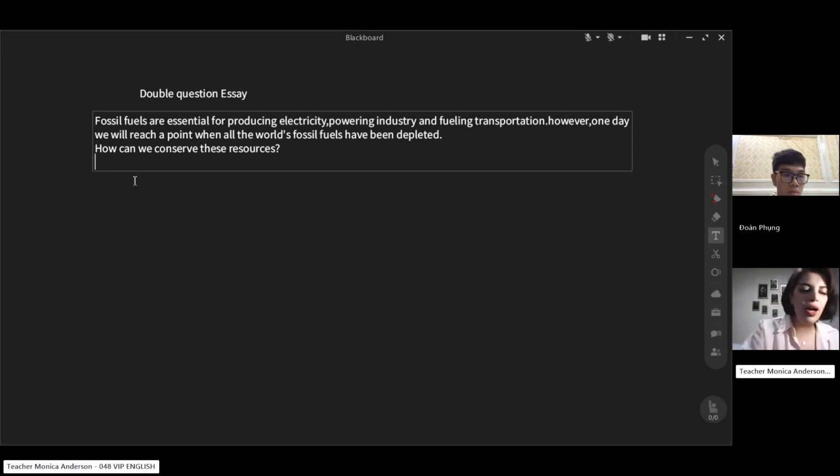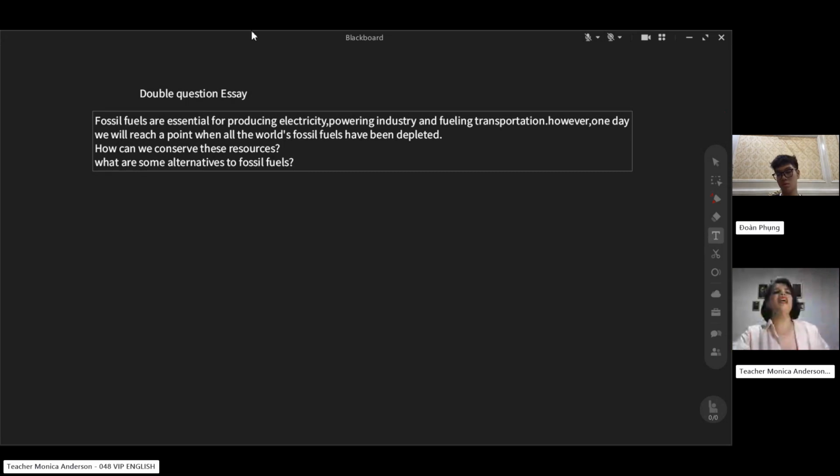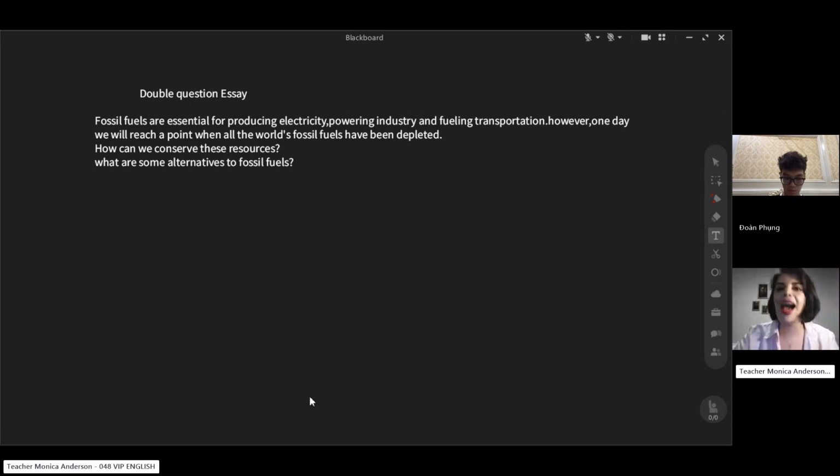And the second one, what are some alternatives to fossil fuels? As you can see, this is the structure of a double question essay. We have 2 questions and we need to answer both of them. But how? Today we're going to discuss this type of question.